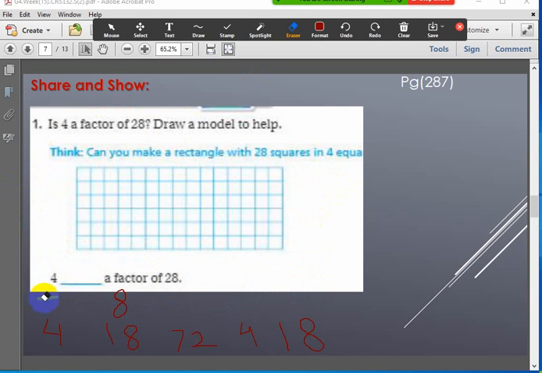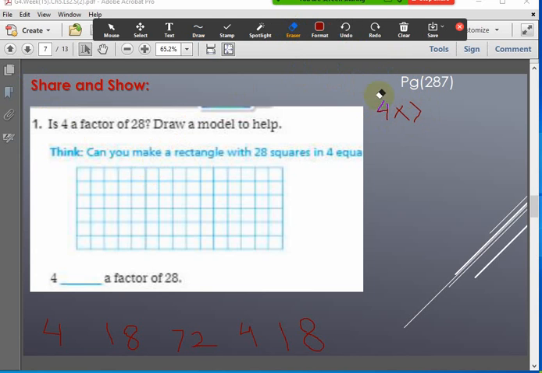Look, girls, you have to think about the multiplication table. Is there any number that, multiplied by 4, will give you 28? Which number, if you multiply it by 4, the answer will be 28? Very good, Zen. 4 multiplied by 7 equals 28, from the multiplication table.